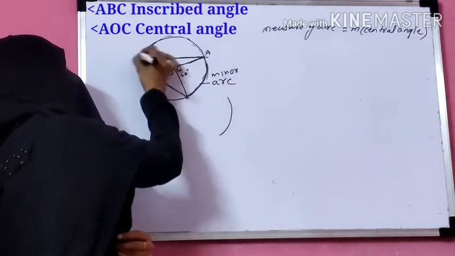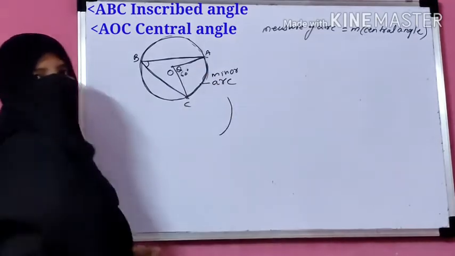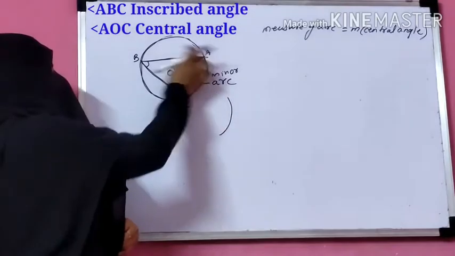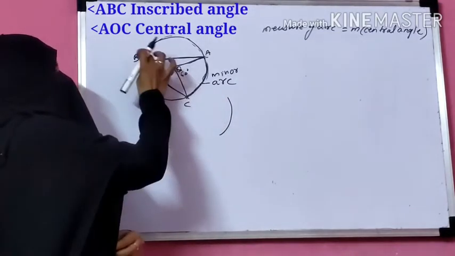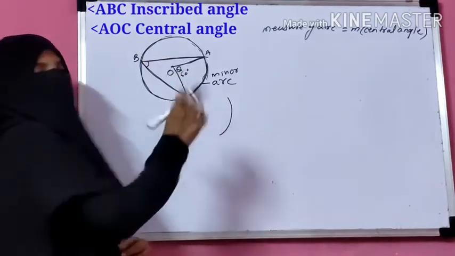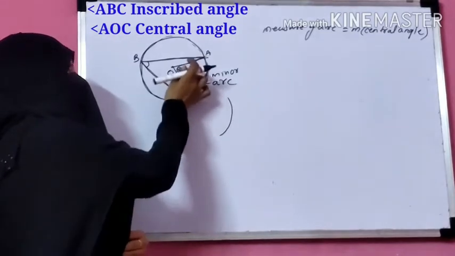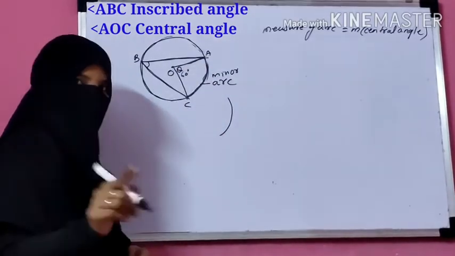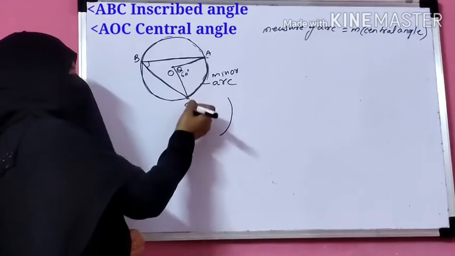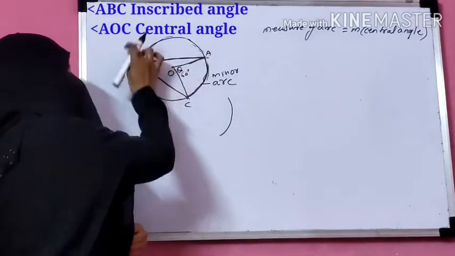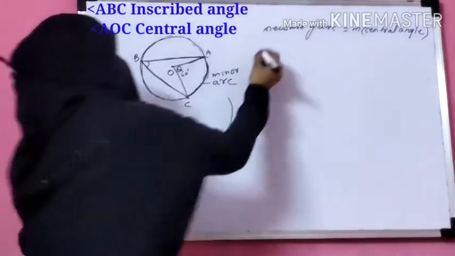So this angle ABC is the inscribed angle. The angle whose vertex lies at the center of a circle is called the central angle. So angle AOC is the central angle, angle ABC is the inscribed angle.